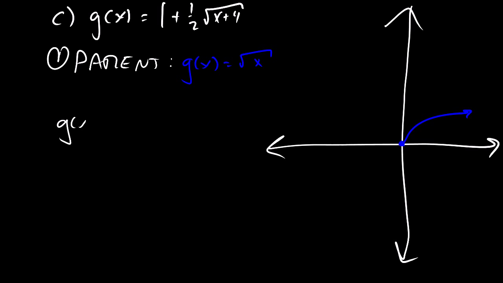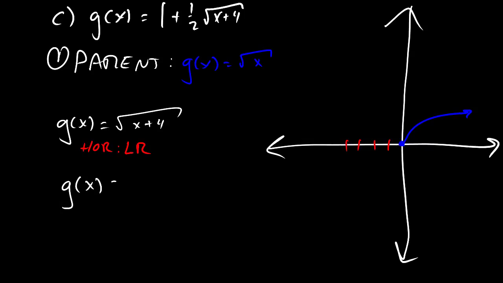So now let's start looking at our shifts. g of x is equal to, start off simple, x plus 4. If the number is attached to our x value, we know it's a horizontal shift. If it's a horizontal shift, we know it does the opposite. So if we're thinking positive 4, it goes to the left 4. So 1, 2, 3, 4. Nice. And we're multiplying this thing by a half.